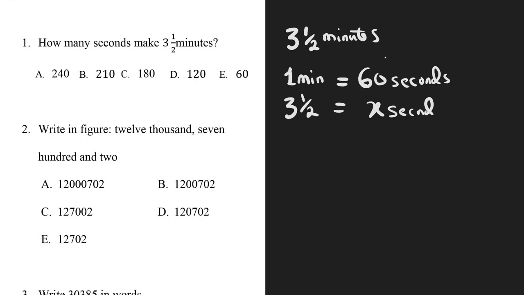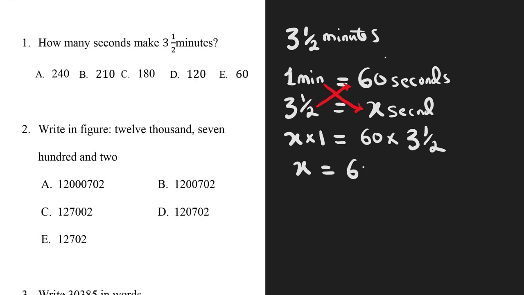So what are we going to do? We cross multiply. If you cross multiply, you have something like this: X times 1 equals 60 times 3.5. So X times 1 is X, equals 60 times 3.5.